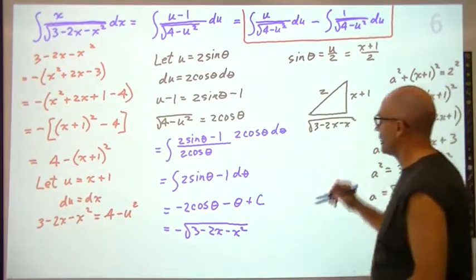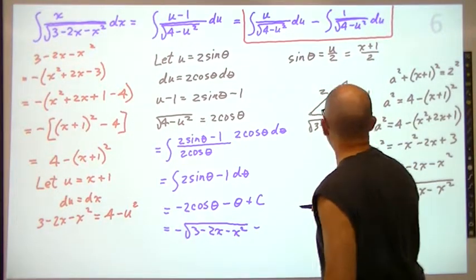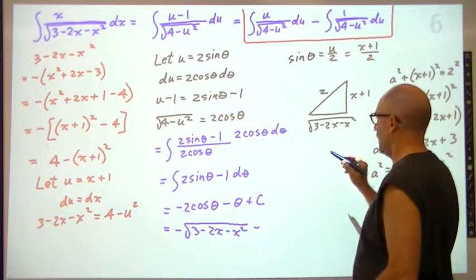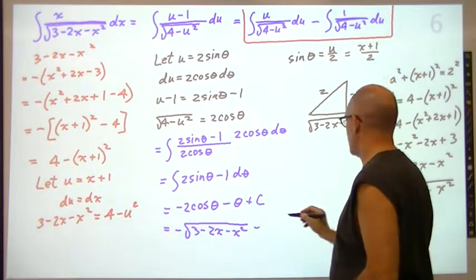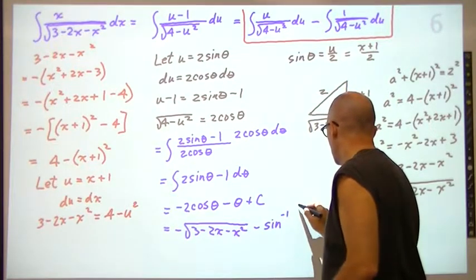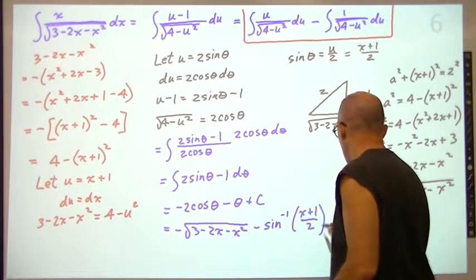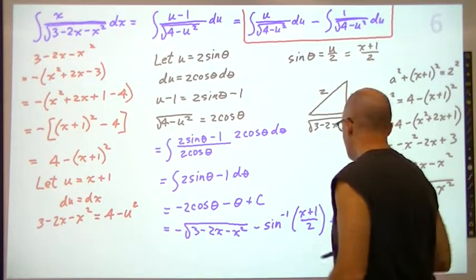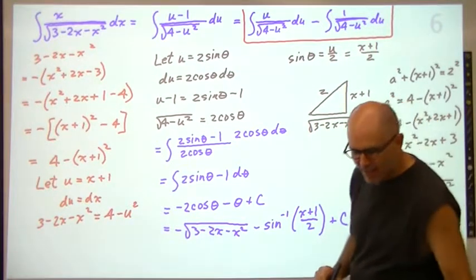Notice the 2's cancel. Then minus theta, which is, let's just go inverse sine of x plus 1 over 2, plus c. That's it. Game over. Have fun with these.